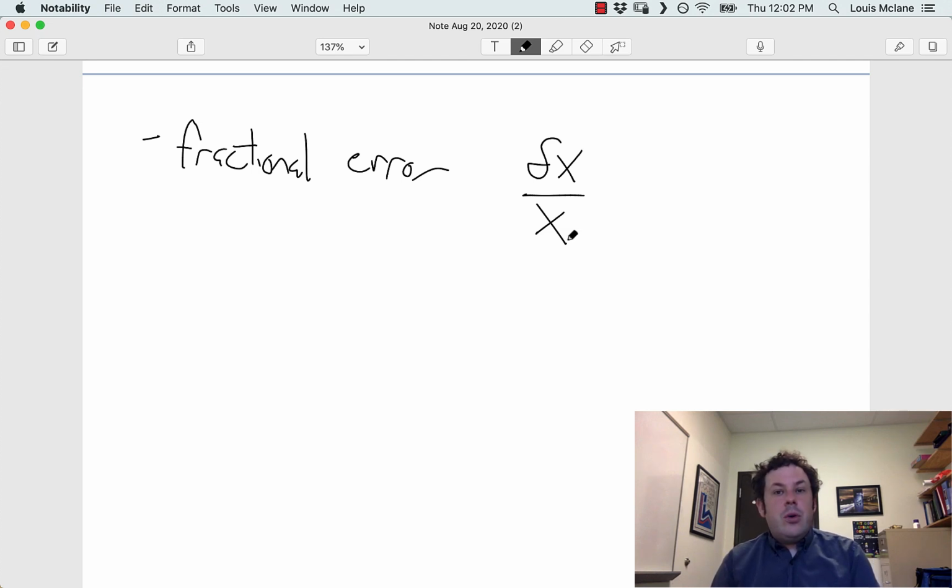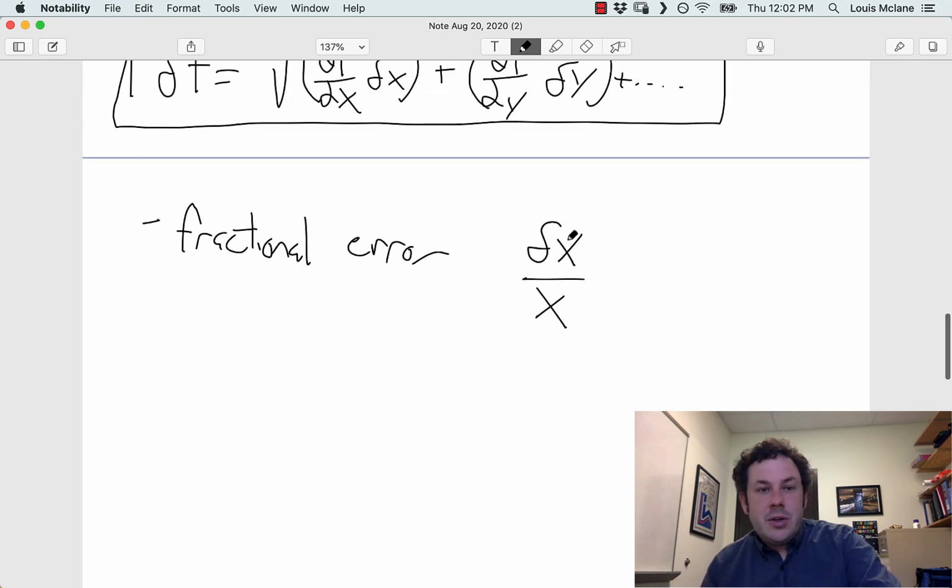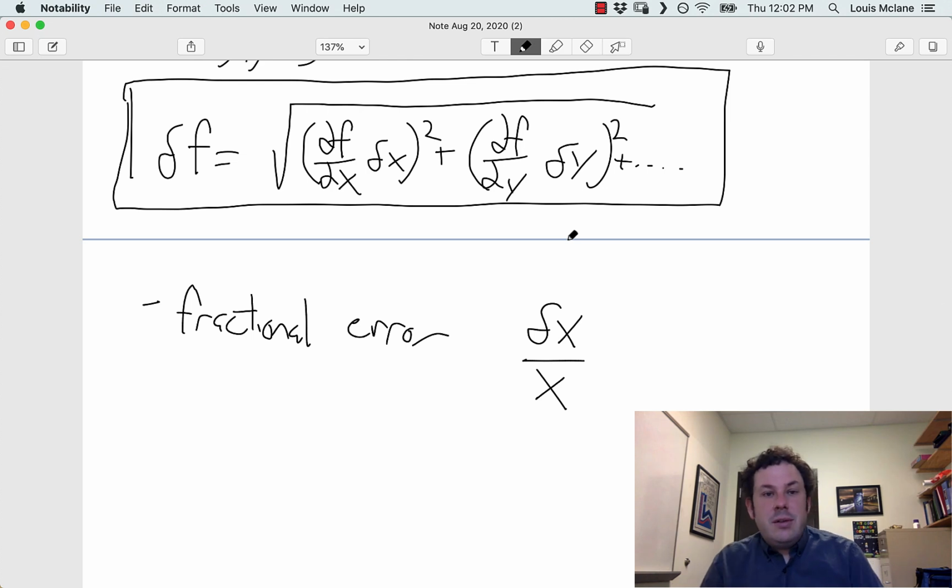This is super useful if you're trying to look at different things. There are versions of the previous equation, I'll scroll back up, that use fractional uncertainties instead. And that can be useful. But for now, if anyone ever asks you what a fractional error is, it just means the uncertainty divided by the value itself. It's kind of saying how large the uncertainty is compared to the value.